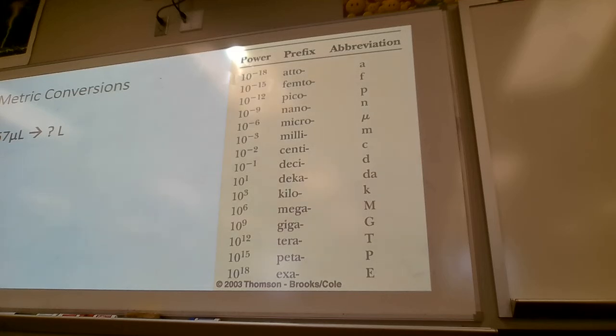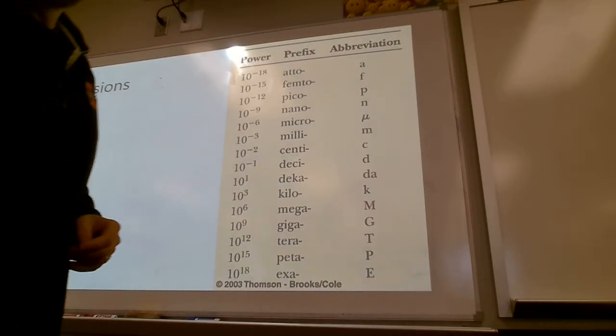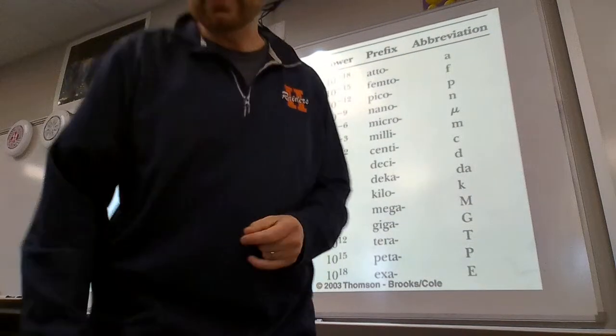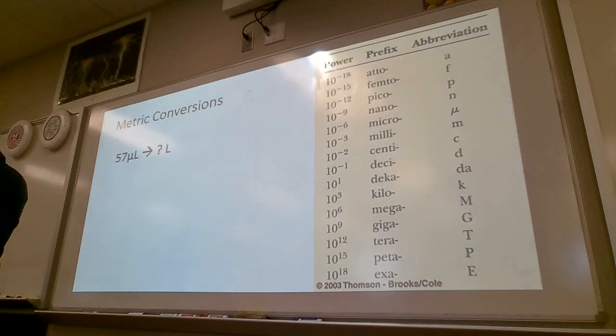You are going to look at this and say, is the answer going to end up being bigger or smaller than 57? Don't say that out loud. Just think.